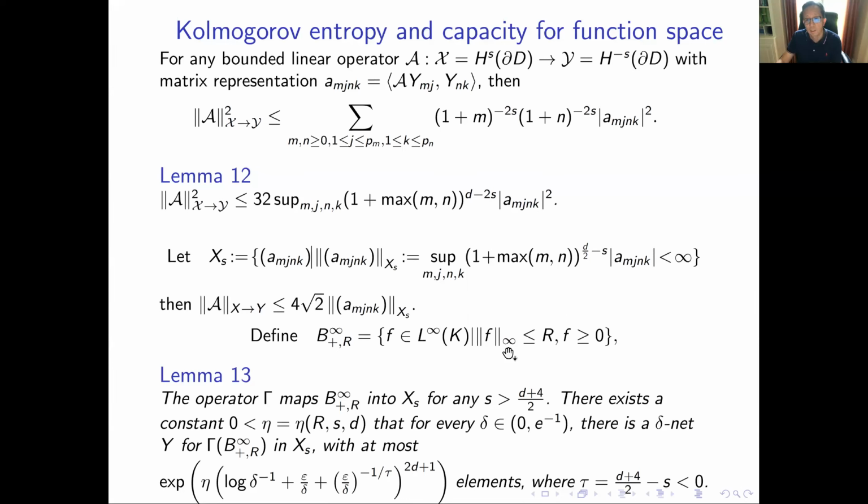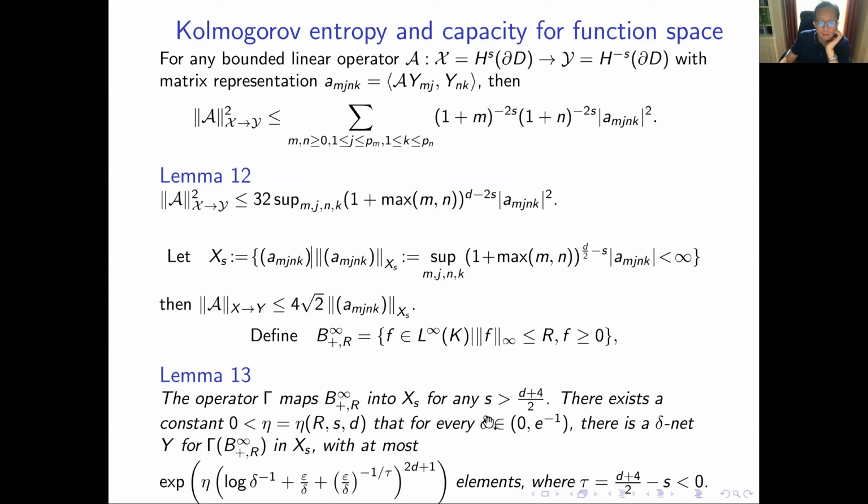Here we only need the infinity norm to be bounded by R. Then we know this gamma maps these things into X^s. Here we need this. This is because there's some infinite series you have to estimate in order to make it finite, so that the tail you don't have to care about. You need this.